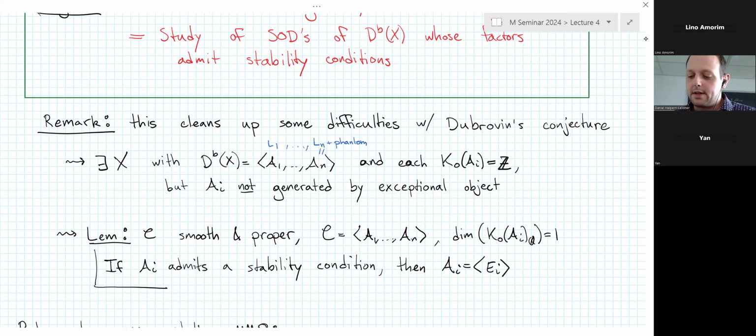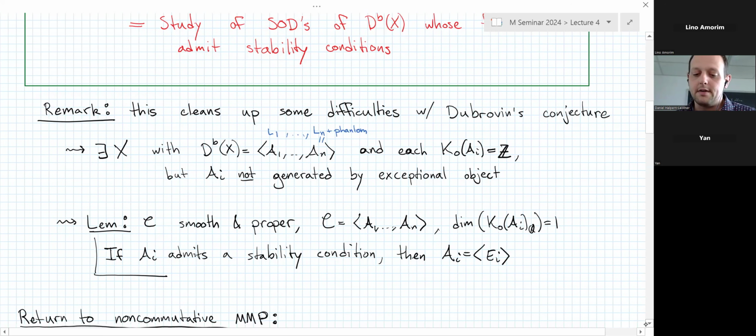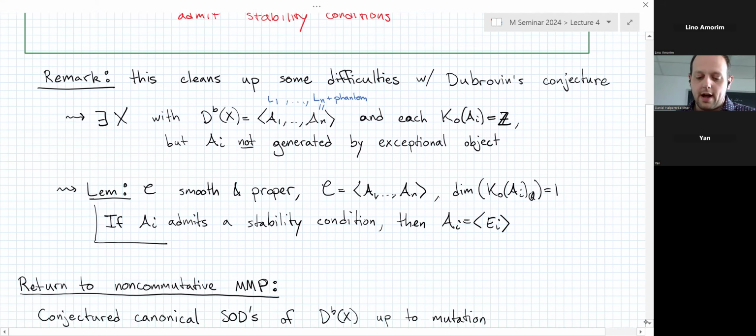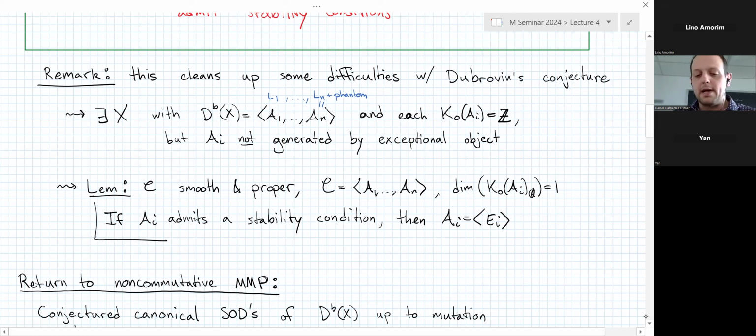So if you have a semiorthogonal decomposition where all the pieces have rank 1 K-theory, then you have a full exceptional collection. That'll be helpful. I'll explain a sort of conditional result about Dubrovin's conjecture in a second.